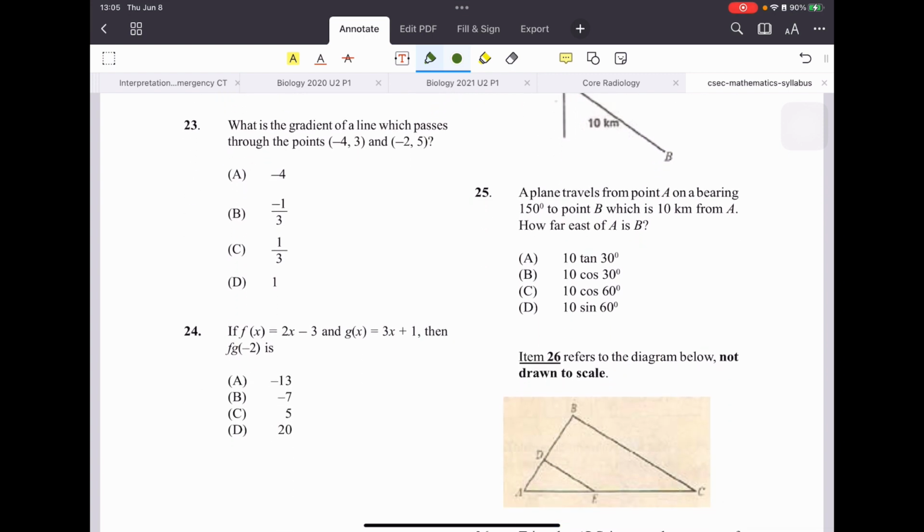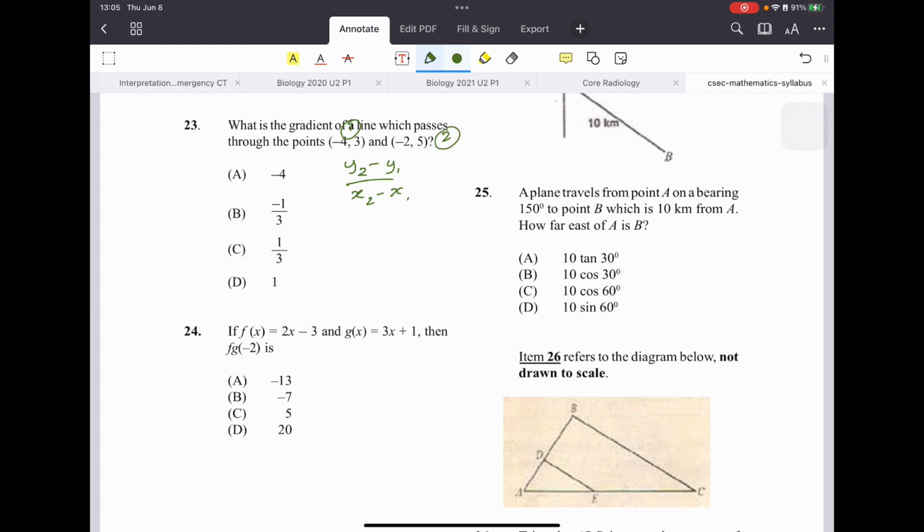What is the gradient of a line which passes through the points minus 4, 3 and minus 2, 5? So our formula for gradient of a line is y2 minus y1 over x2 minus x1. So it doesn't matter which ones are our second and first line. We can treat this one as the first and this one as the second.